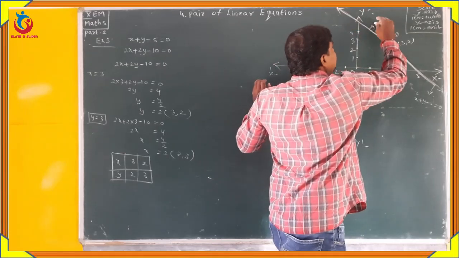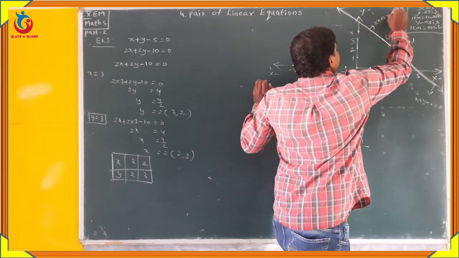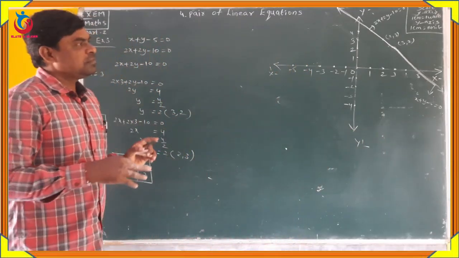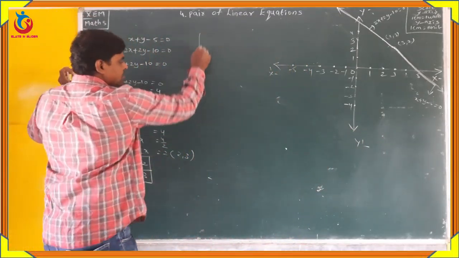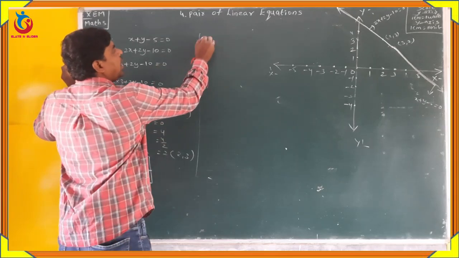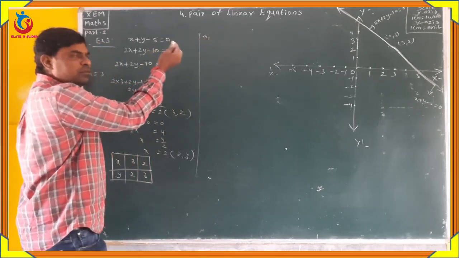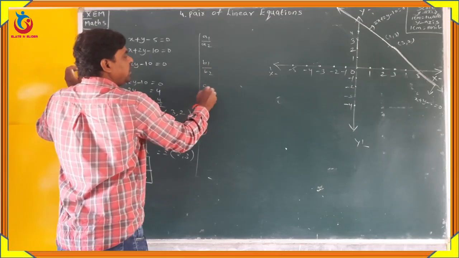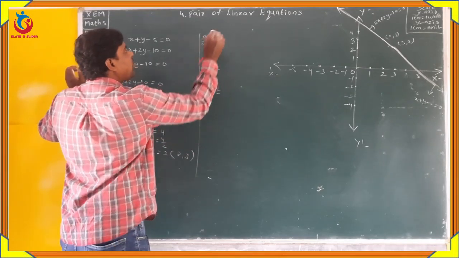Now this equation will become 2x plus 2y minus 10 is equal to 0. Here what happened? Just think over it. When we get 2 lines, we have to find the ratios a1 by a2, b1 by b2, and c1 by c2. This is compulsory.